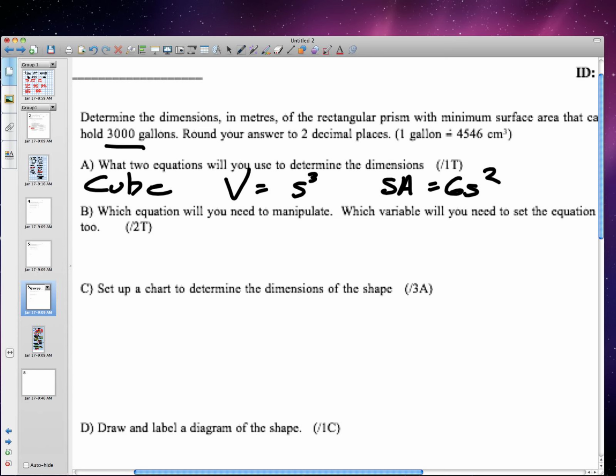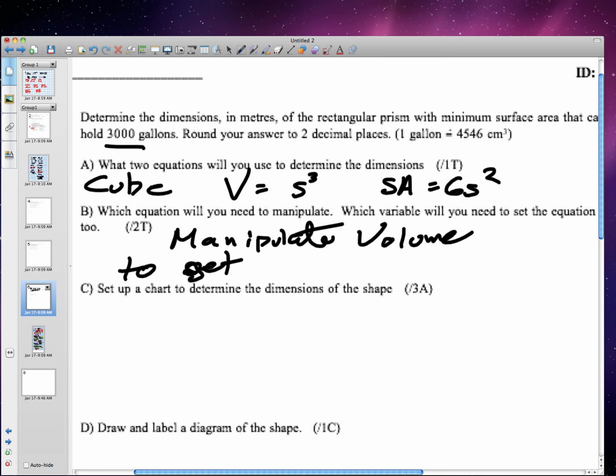So we need to manipulate volume to get the measurement of a side. So to get a side, we're looking for S. Okay. Instead of setting up the chart, because we know what is the most efficient shape, we're just going to go ahead and manipulate these 2 equations.